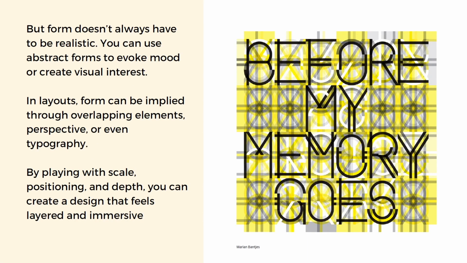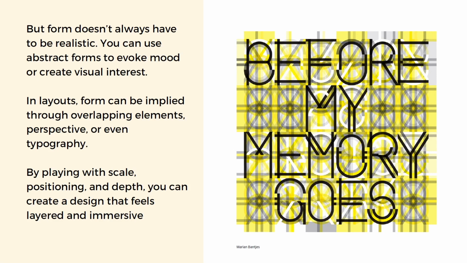But you don't always have to have it be a realistic rendering. You can use abstract forms also, and this is going to help evoke the mood, or it's also going to help create some sort of visual interest. With our example on the right, we're building up layers of text, so all these flat shapes and lines are going to be overlaid in a way that it's going to imply a form.